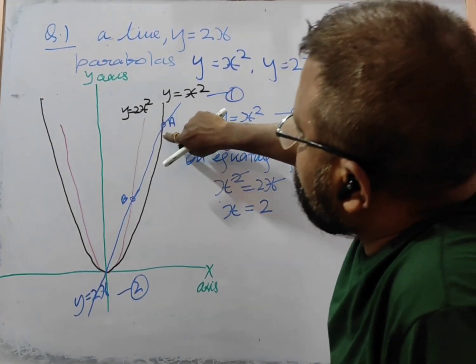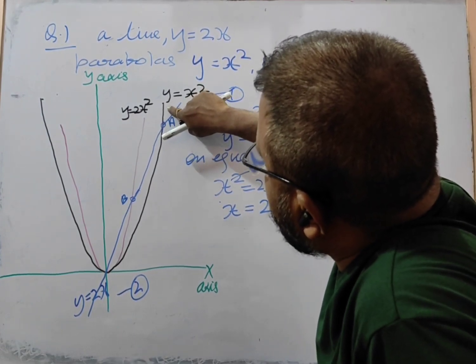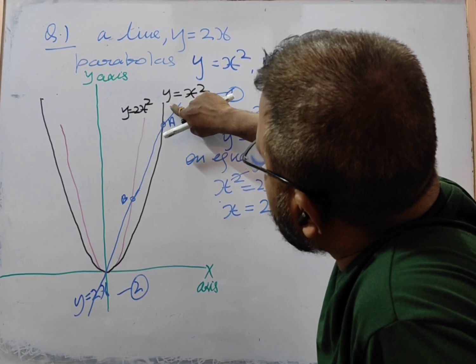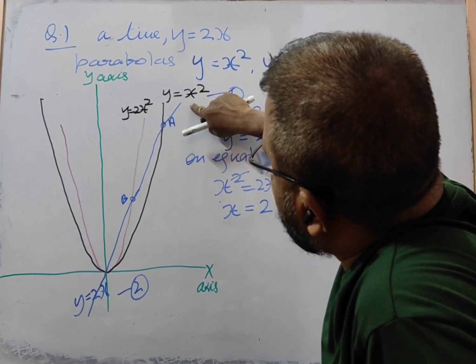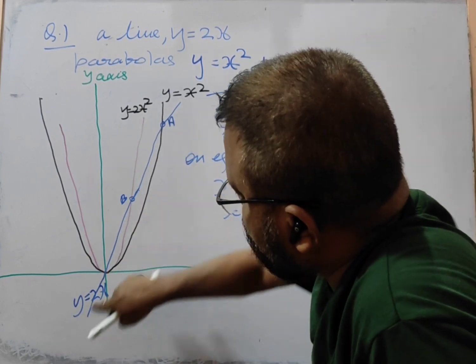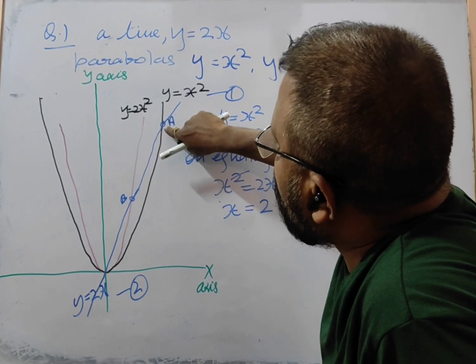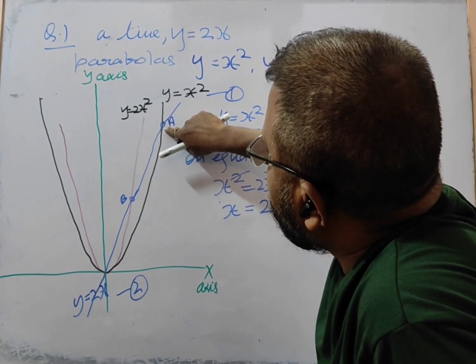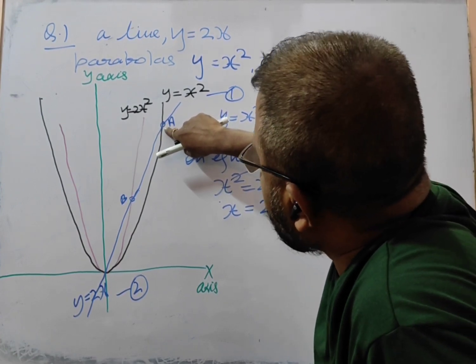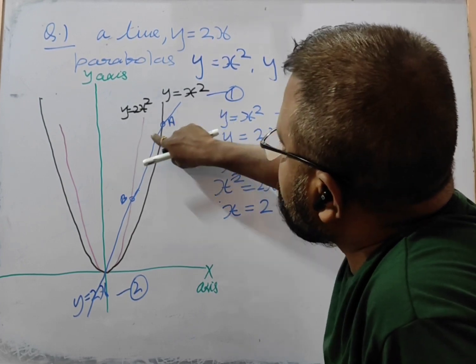This black color line has the equation of the parabola, y is equal to x square, and this blue color line has the equation of the line, y is equal to 2x. Since we have to find the coordinates of A, this is the intersection point.